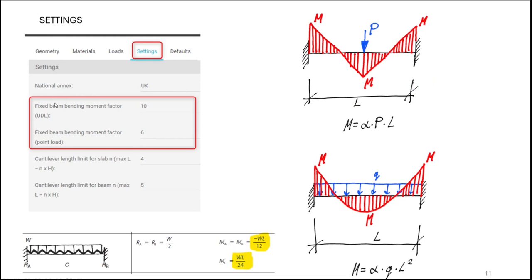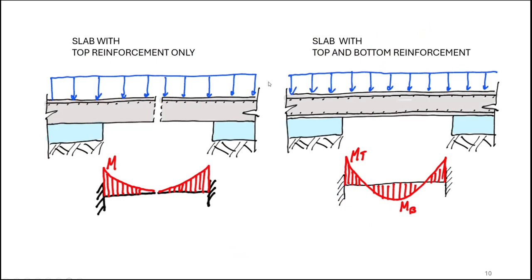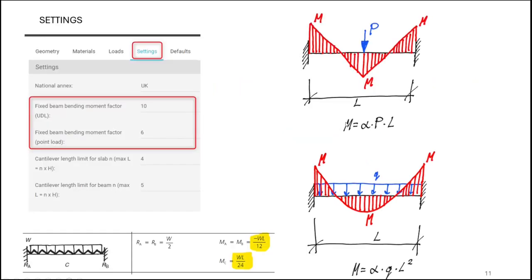So first we have fixed beam bending moment factor for UDL, and fixed beam bending moment factor for point load. As I mentioned earlier, when we have depression, our elements are spanning over that depression. So in case of thickenings, we have beams which are suspended over the depression, and we need to calculate internal forces in such beam.